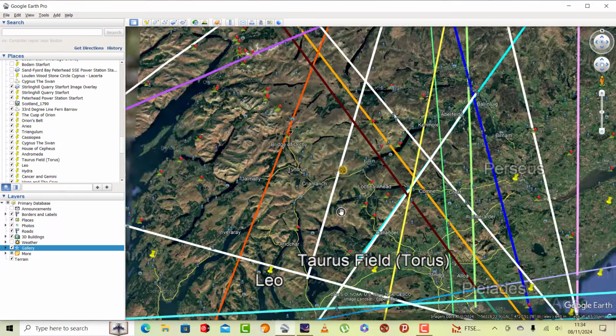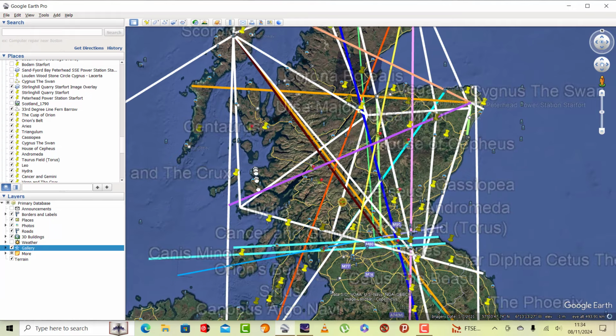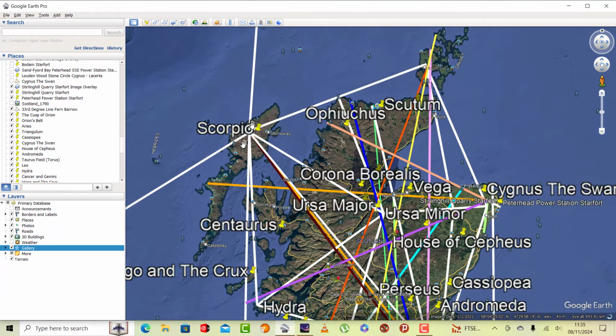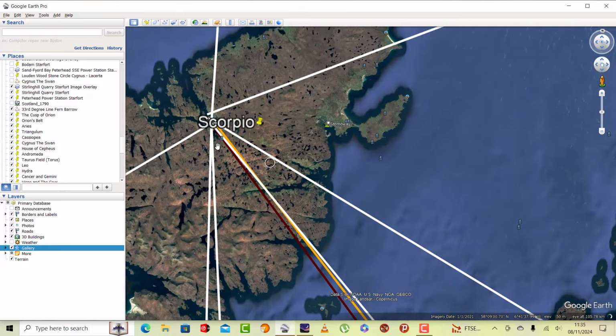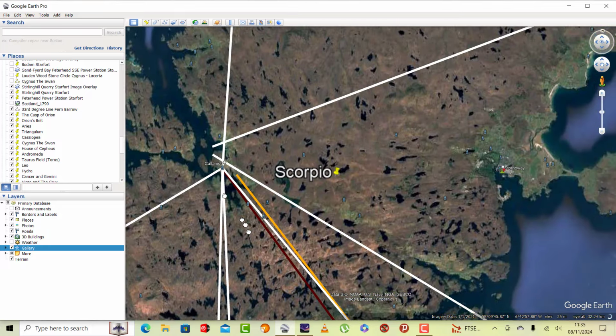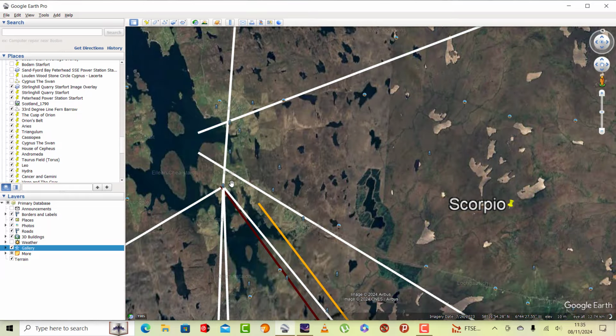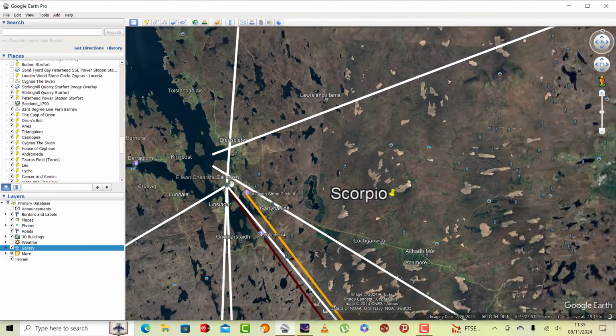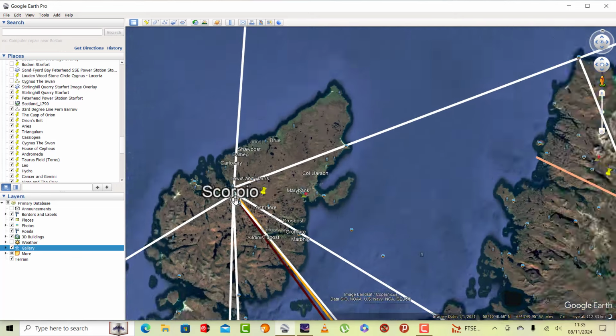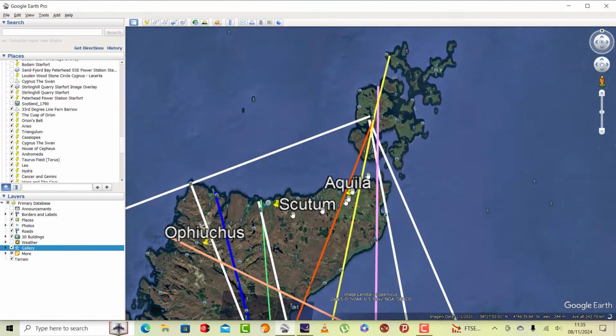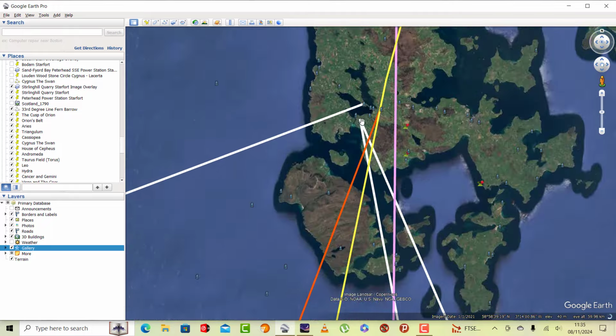These paths here, which I am mapping, are really just the alignment of standing stones. The standing stones themselves are aligned to the heavens, and then also aligned to each other over the UK. So you have the Callanish standing stones. Over here you have the Orkney standing stones.